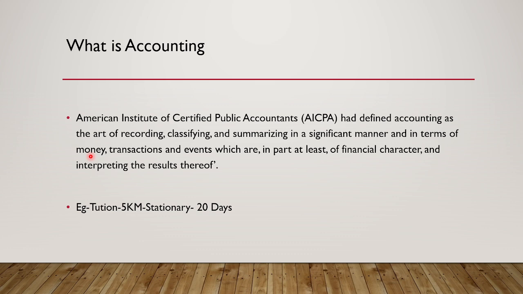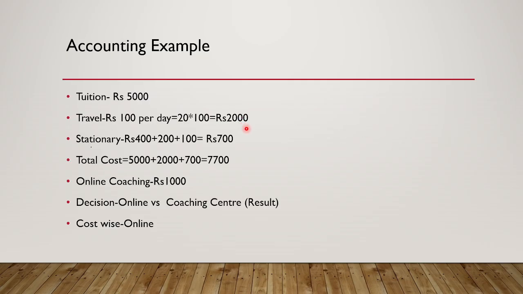So we have converted everything, whether tuition, travel, stationery, into money, and then we have recorded also, we have classified also, we have given the summary also, of transactions and events which are of a financial character. Whatever financial things were involved, we have mentioned everything, and interpreting the results thereof. Now we are interpreting the results also. Our task from the beginning for this exercise was, what is my total cost for offline coaching?